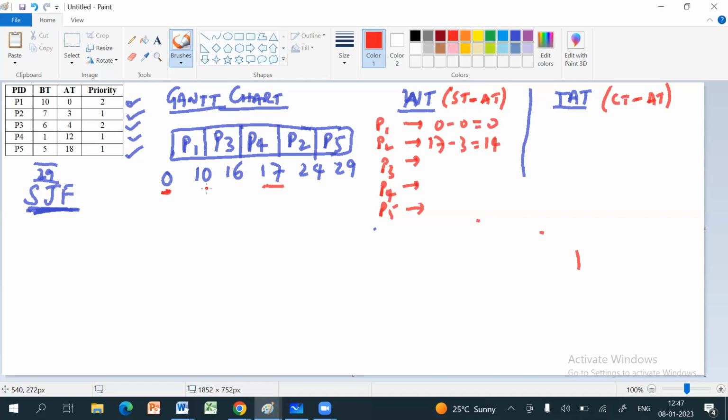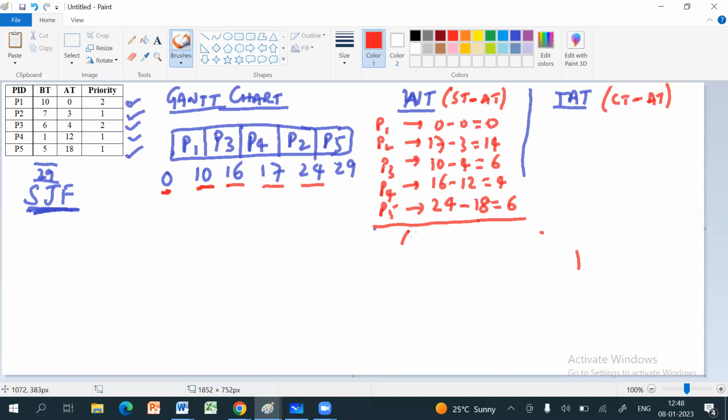P3 started at 10 as per the Gantt chart, so 10 minus its arrival time of 4 as per the table gives 6. Then P4 started at 16, and 16 minus the arrival time of 12 is 4. Followed by P5, started at 24, so 24 minus its arrival time, which is 18, gives 6.